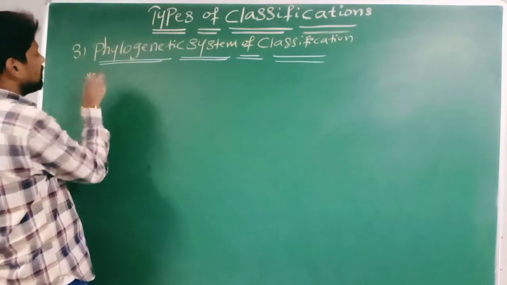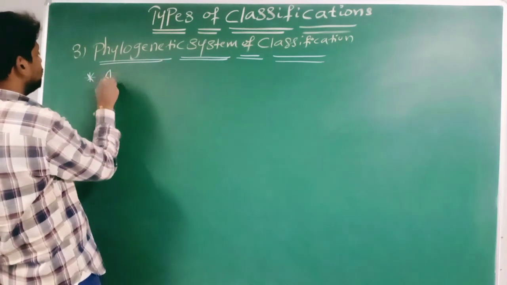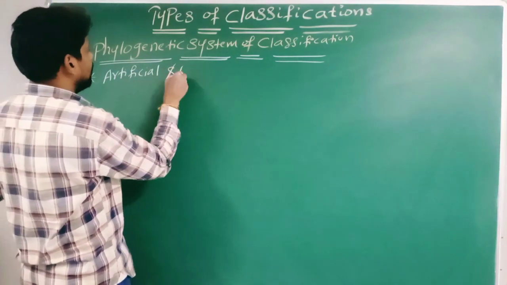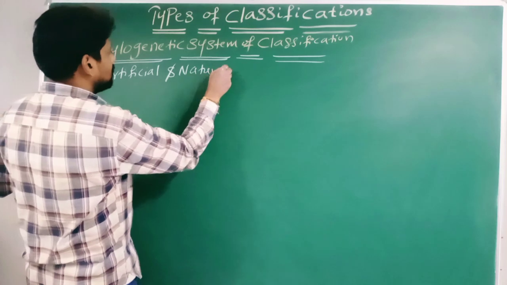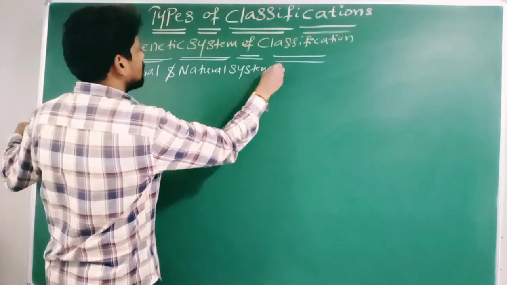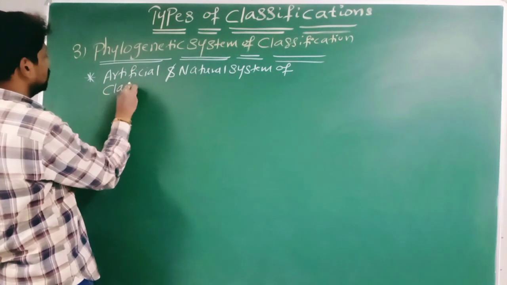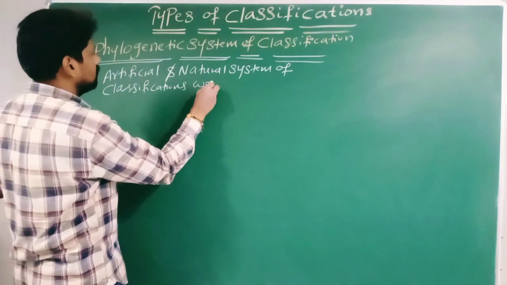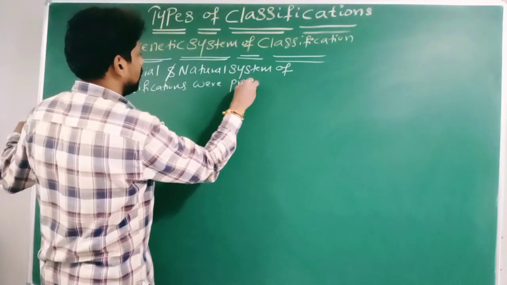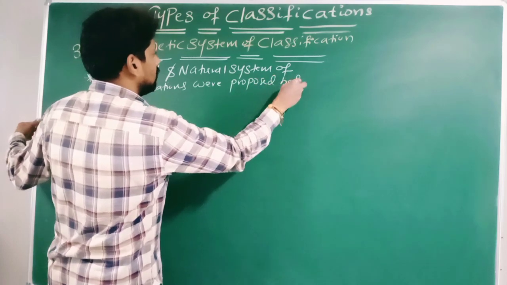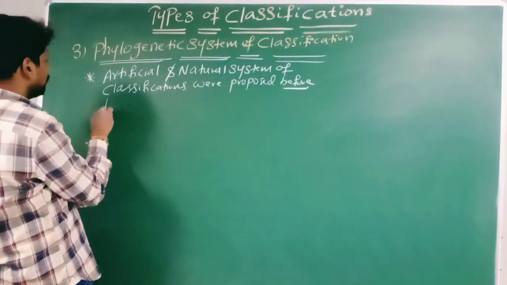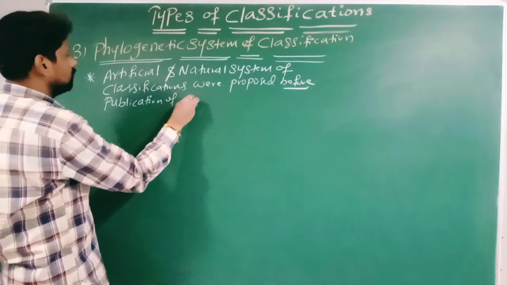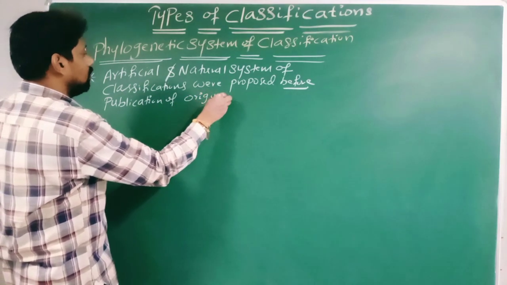Therefore, what and what, sir? Artificial and natural systems of classification were proposed before publication of Origin of Species.